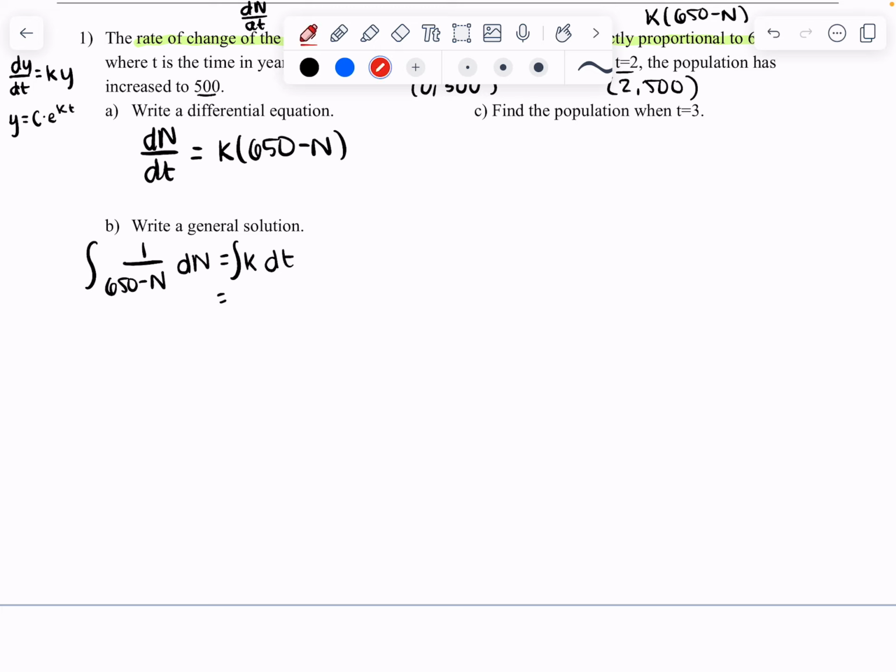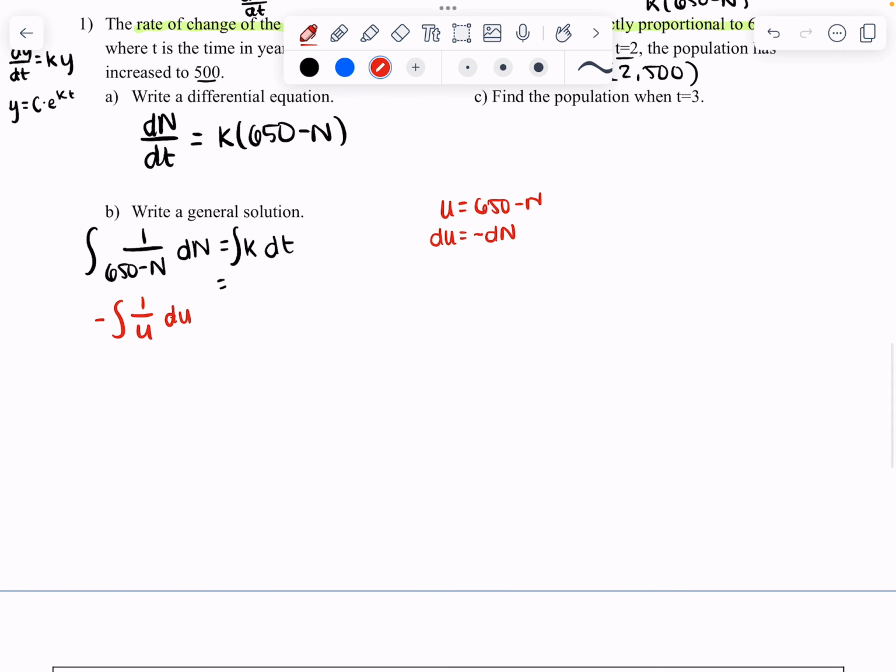So if we have u is 650 minus N, du is going to be negative dN. Yes, du will be negative dN. And so when you do the u substitution here, you're going to get 1 over u du, and you can pull that negative out front. So we're going to have negative that.